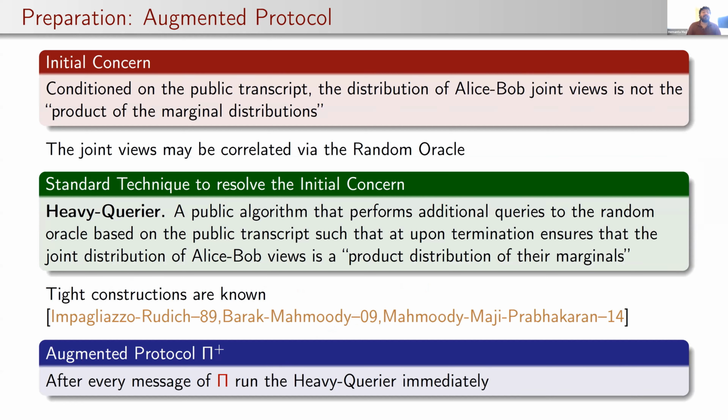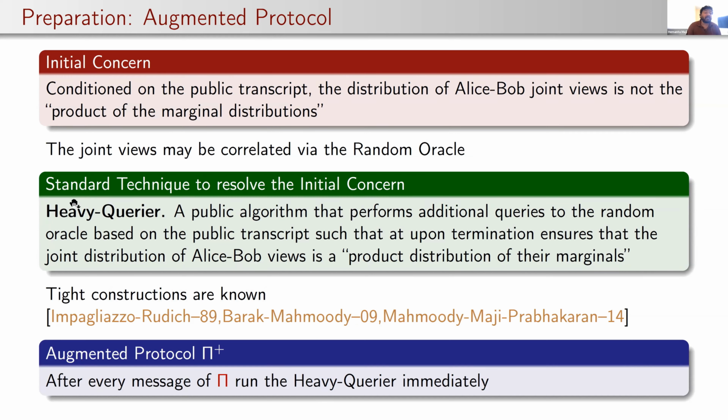The first concern that one encounters is the following. In the random oracle model, the views of the parties Alice and Bob are correlated via the random oracle. How can we remove this?